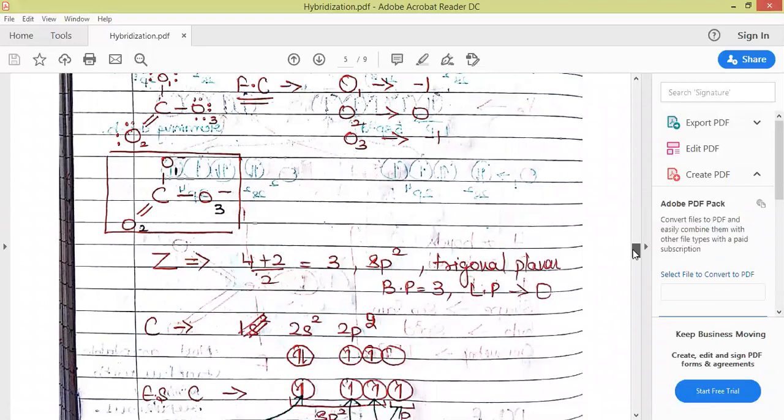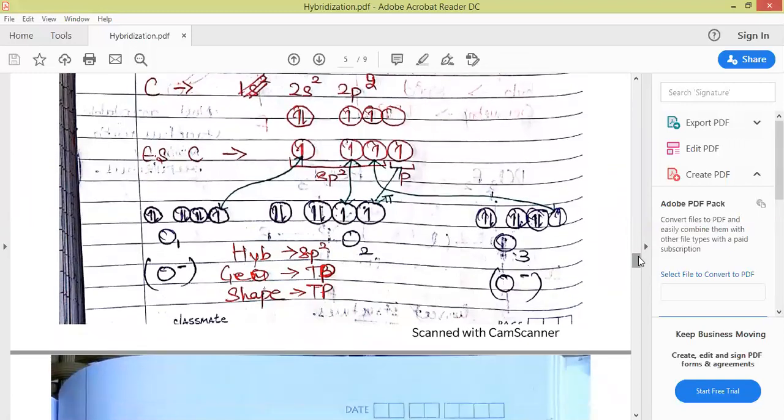Also here we can see that as oxygens are more electronegative than carbon, so negative charge will be occupied by the electronegative atom while considering the hybridization. Here 2 oxygens will participate as O negative. Here we have drawn 2s2 2p5, which means one oxygen has gained 1 electron. So it is short of 1 electron, which will be fulfilled by the formation of sigma bond.